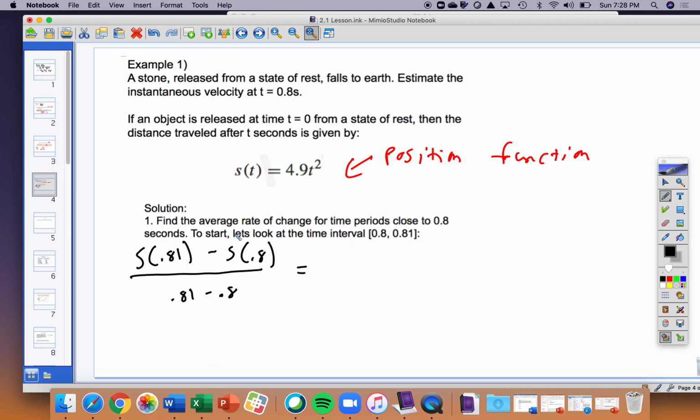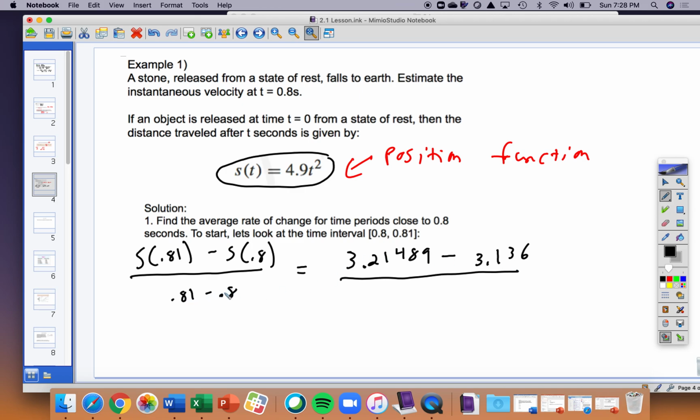So we're going to use our calculators. We're going to input 0.81 into this function right here. It's the position of my stone at 0.81 seconds minus the position of the stone at 0.8 seconds. When I input these two values into this function, I end up with 3.21489 minus 3.136, divided by the difference between these two values, which is 0.01.